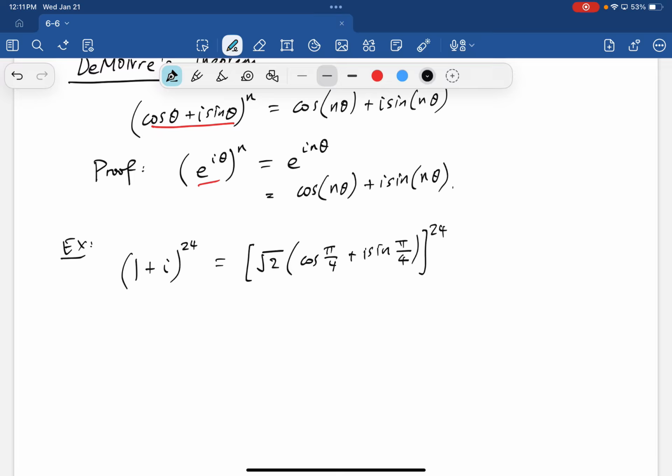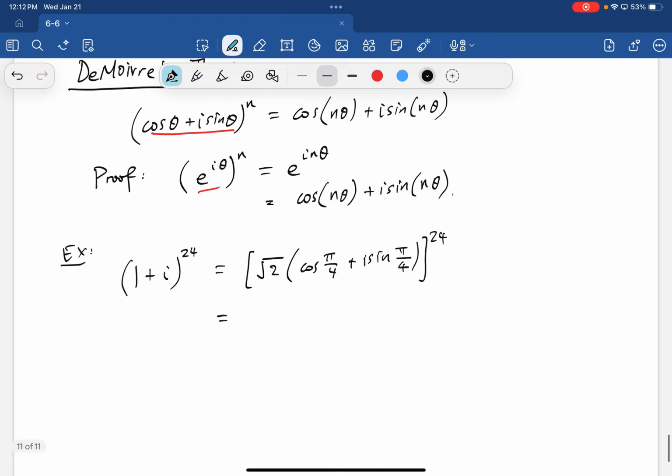So the first step is always to convert to trigonometric form. Now you have to split it up, because DeMoivre's theorem only applies when you have nothing in front, when it's only cosine plus i sine. So the root 2 comes to the outside, and you have root 2 to the power of 24, and then cosine pi over 4 plus i sine pi over 4 to the power of 24.